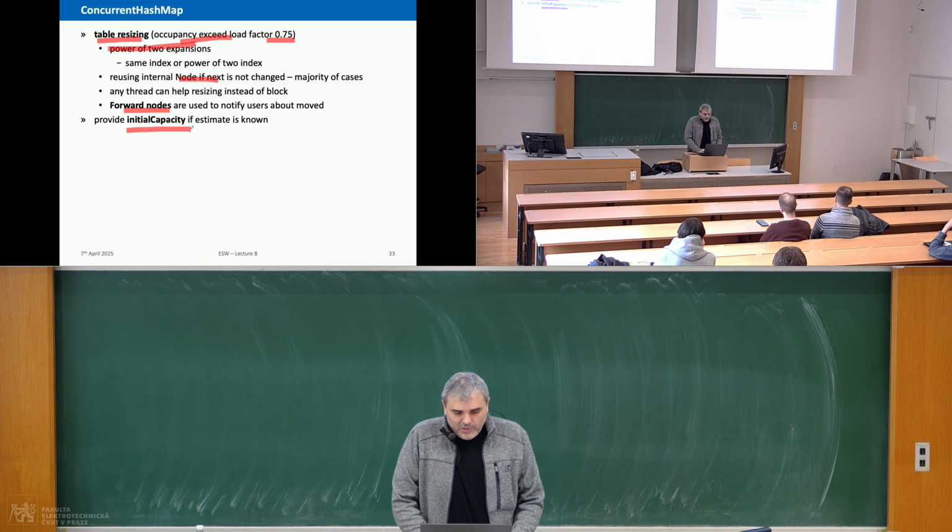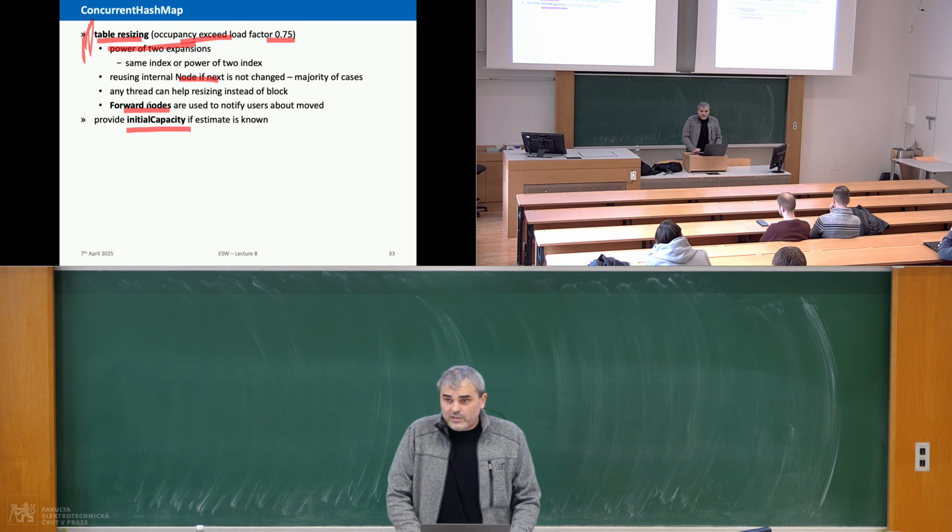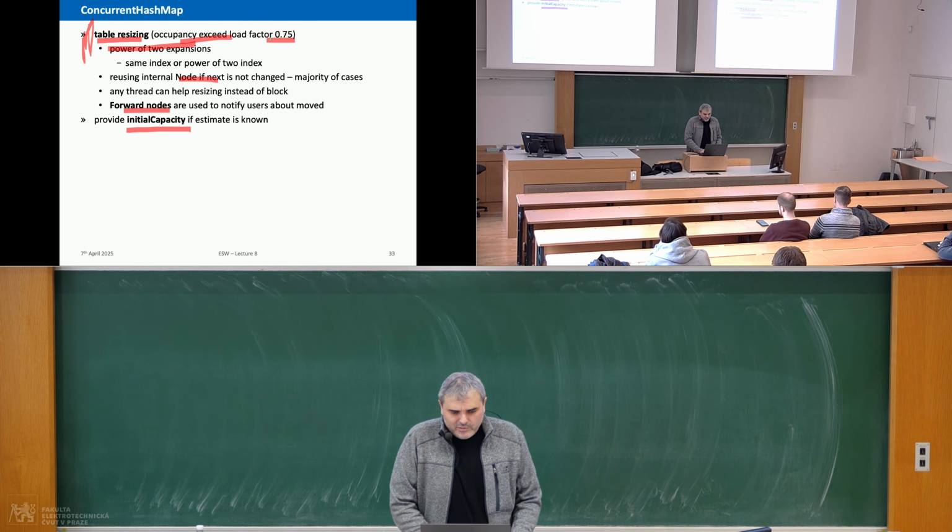You can also provide initial capacity like for the standard hash map. If you know that you have a concurrent hash map or hash map structure where you are going to insert 1 million elements, to avoid many sequences of resizing, which is an expensive operation, which always calls hash code and so on, you can initially say, create this internal hash table with million size already, or you have to divide it by the load factor.